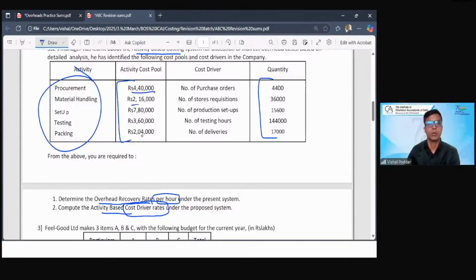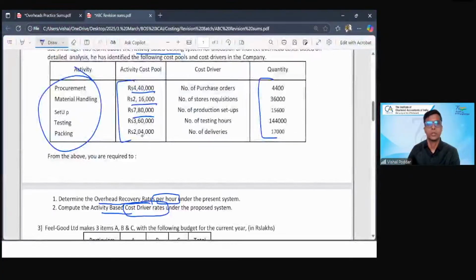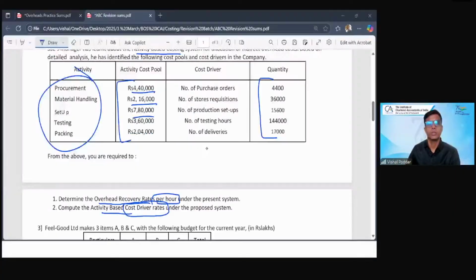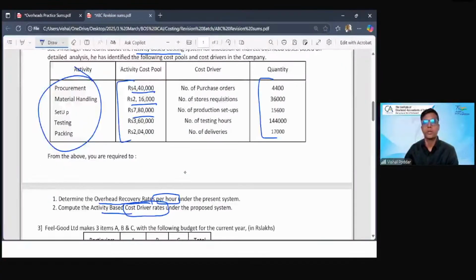Then the cost pool, you copy this: 440, 260, 780, 360, 204. Drivers also you copy.